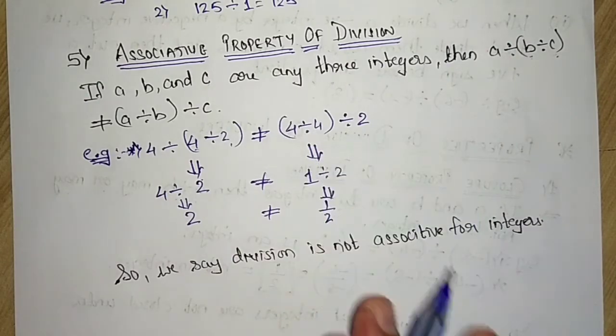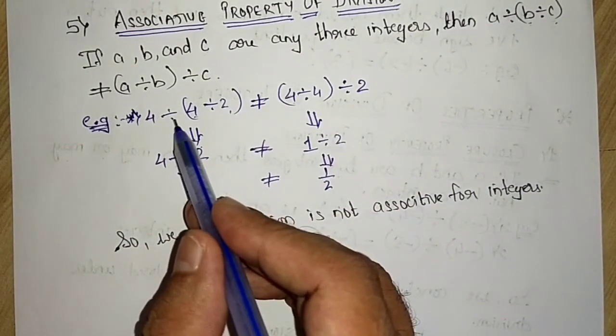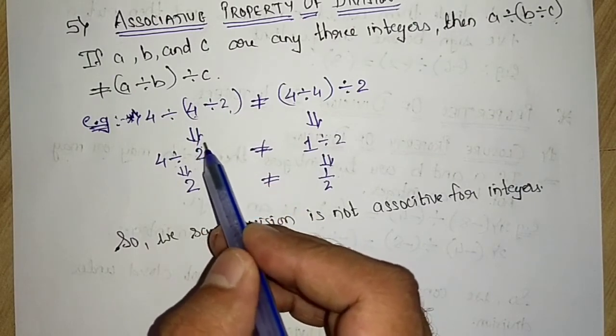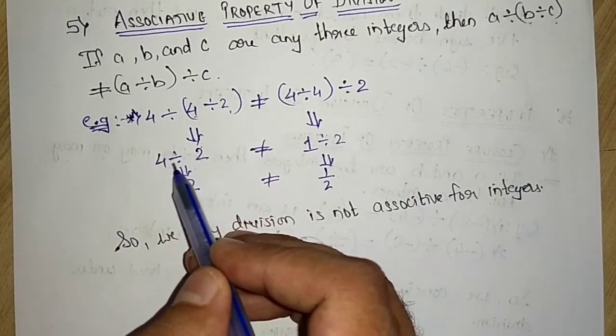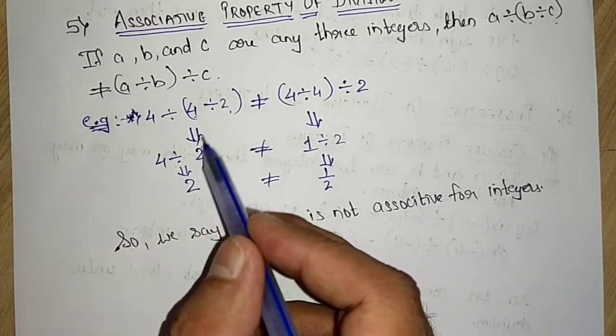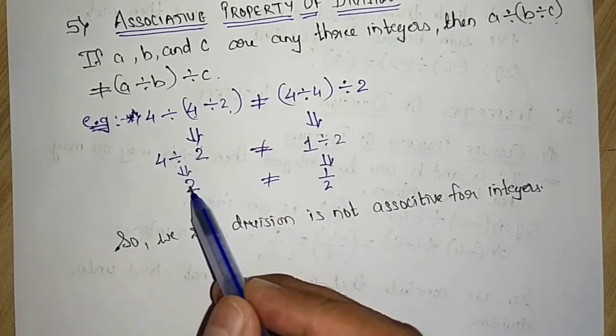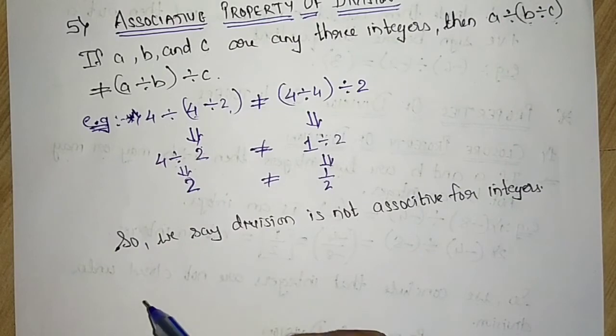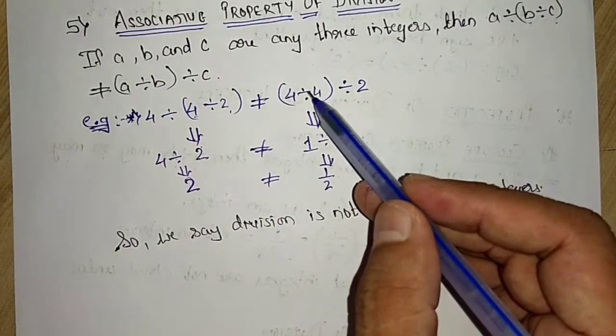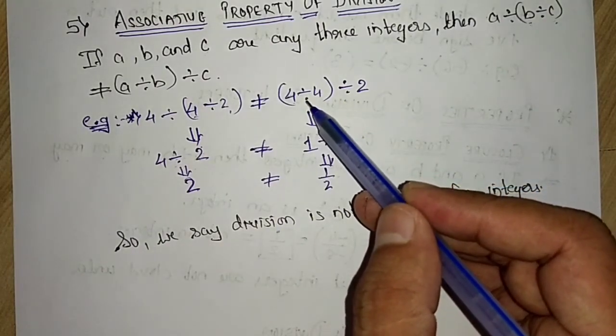Let us see what happens. Here 4 divided by 2 is 2. I will write 4 as it is here, and the result is 2. Again 4 divided by 2, the resulting answer is 2. Now let us see the RHS also.